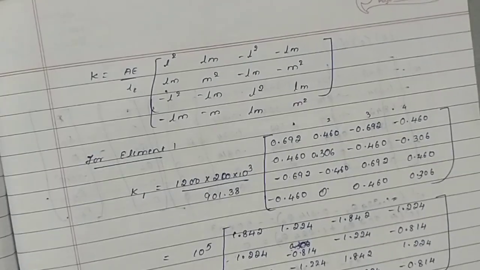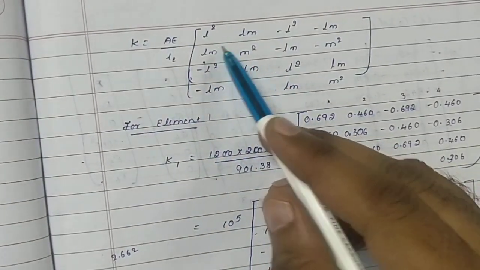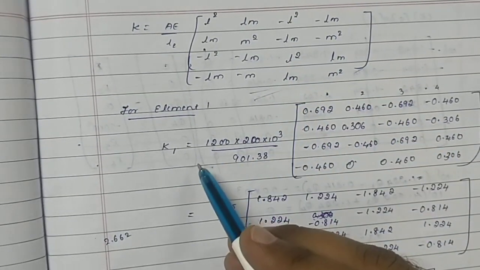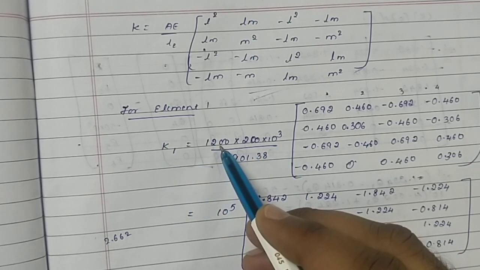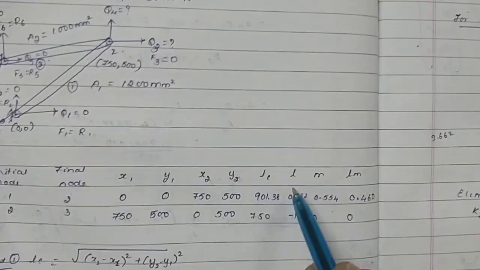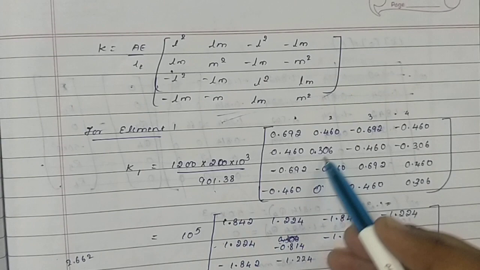Next you have the element stiffness matrix. K is equal to AE by LE, the element stiffness matrix of a truss element. Now find it for the first element. K1 is equal to A1 E divided by LE, where LE for the first element is 901.8.